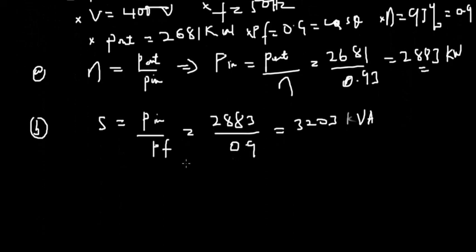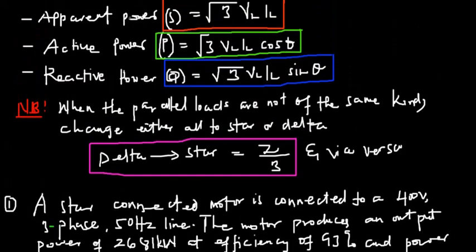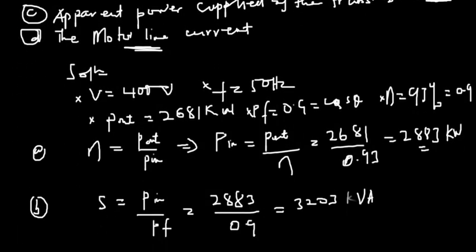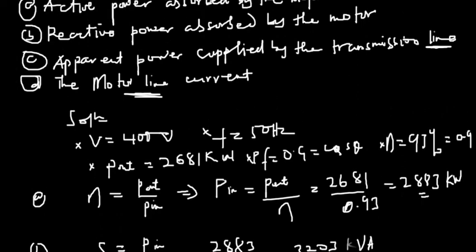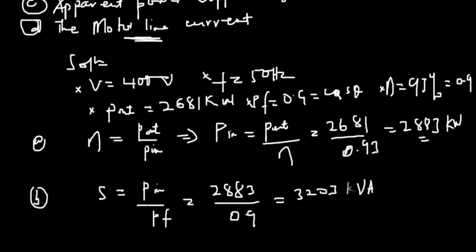Now, from here you can notice that we have S, the apparent power. It means we've been able to calculate apparent power just by trying to find our reactive power. So let's proceed to finding the reactive power.